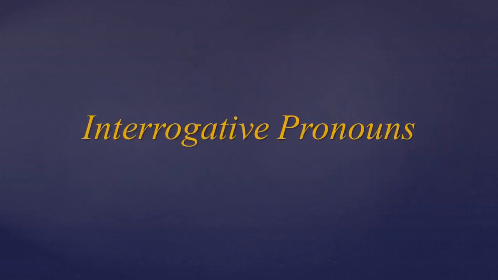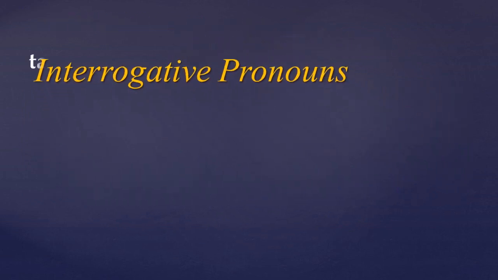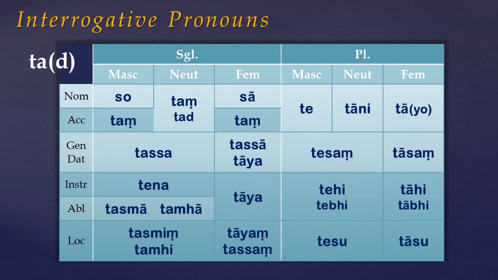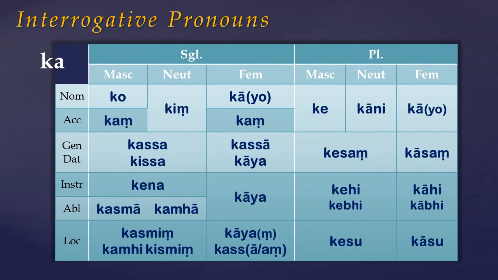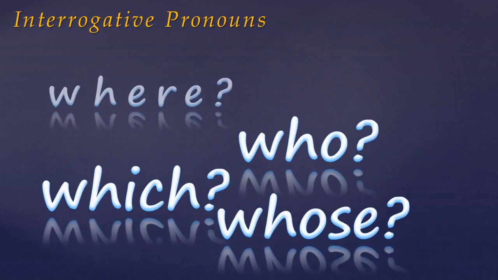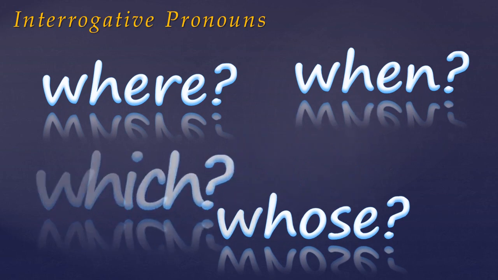Now we're going to move on to the interrogative. These again decline similar to the pronoun stem tar, but are based on the root ka. Now the term interrogative means to ask a question. So an interrogative sentence is one that asks a question.